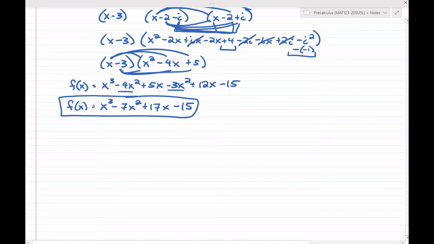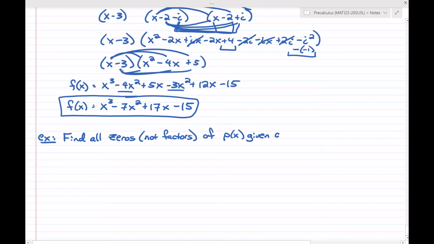All right, so let's finish up here. Let's try this. Find all zeros, not factors, of p of x given a 0.